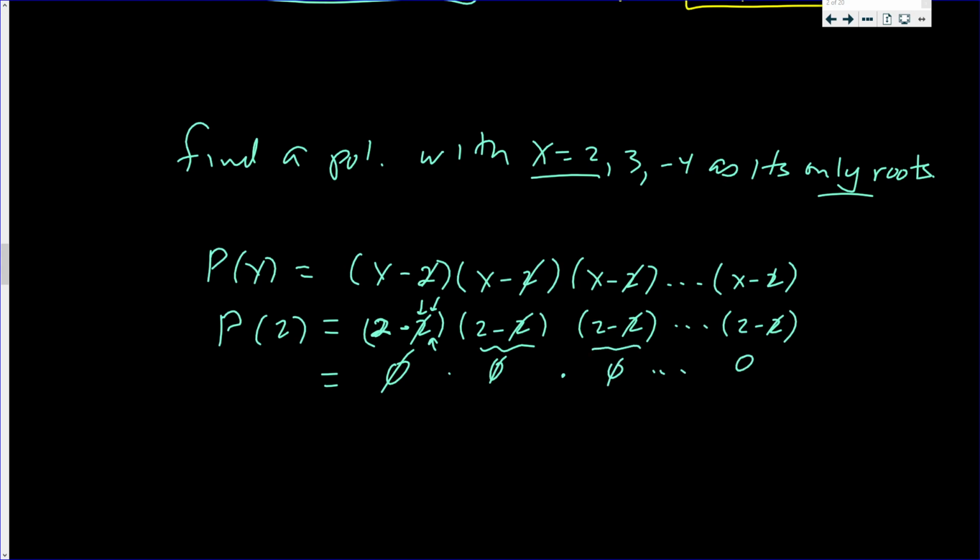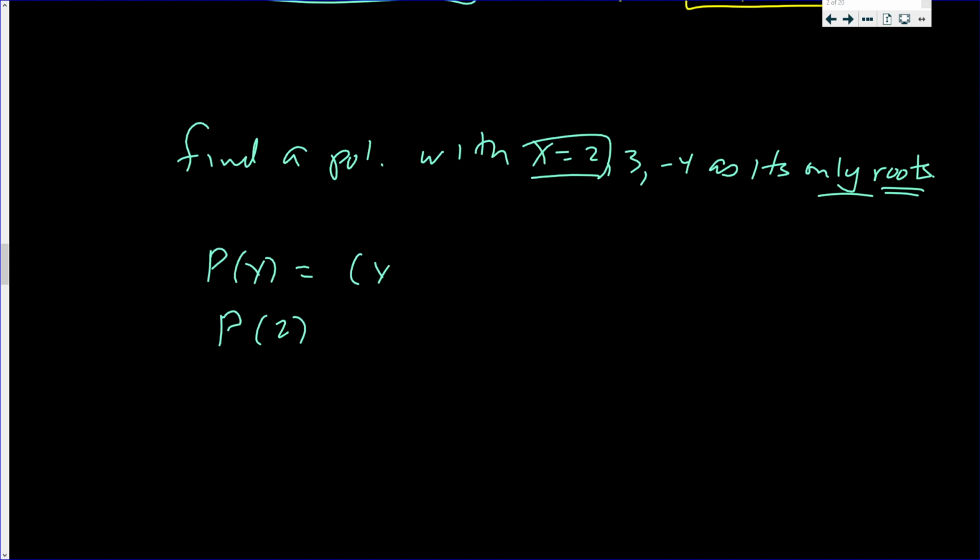If you multiply all these non-zero numbers together, you won't get 0. But that's a contradiction, because if 2 is a root, p of 2 must be 0. That is, I was greatly mistaken when I said x minus 2 is not a factor. It is a factor.